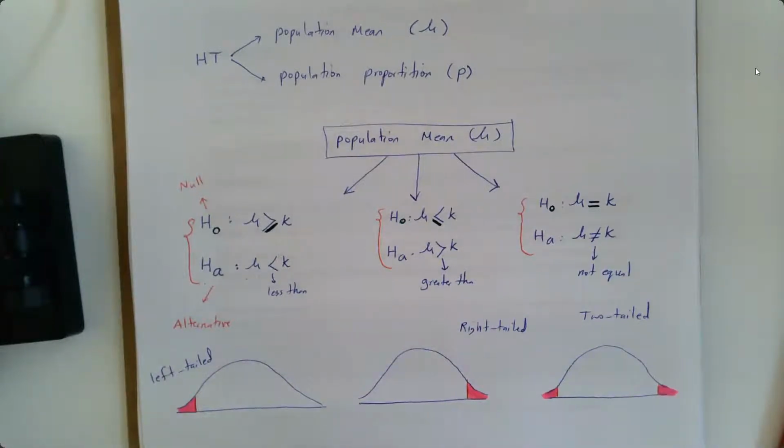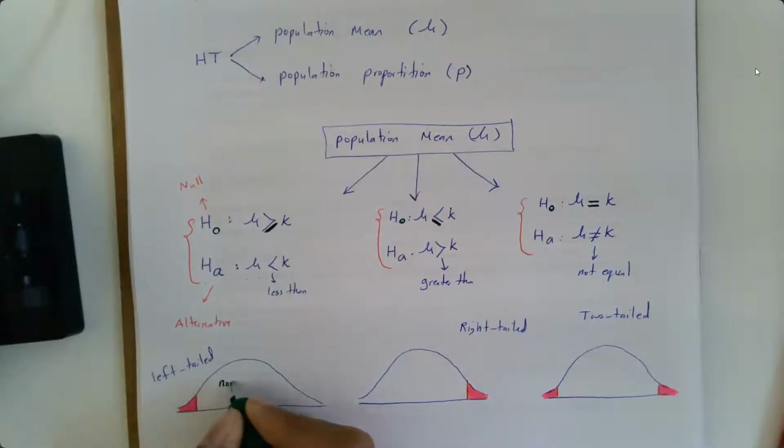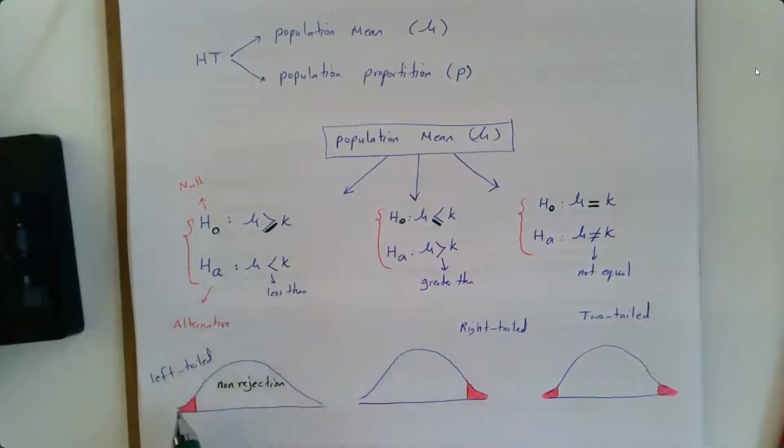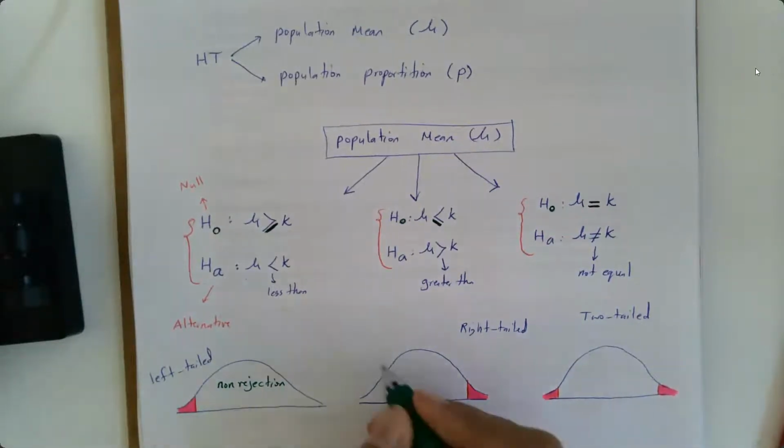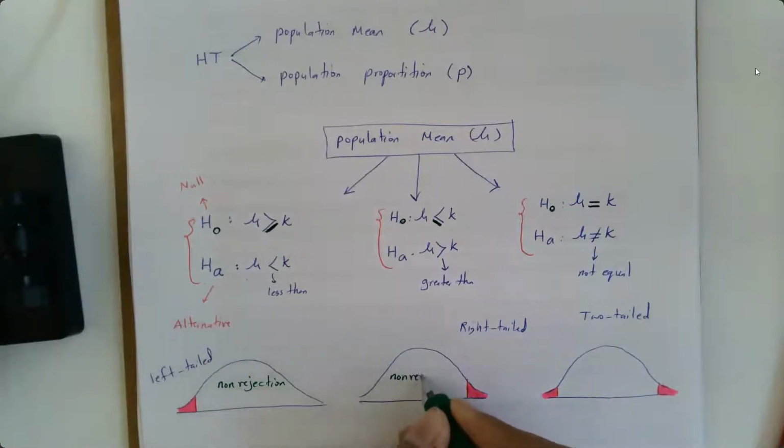So this portion that is not shaded is called the non-rejection region. The shaded part is the rejection region. The same here, the part that is not shaded is called the non-rejection region, and this little part that is shaded is your rejection region.